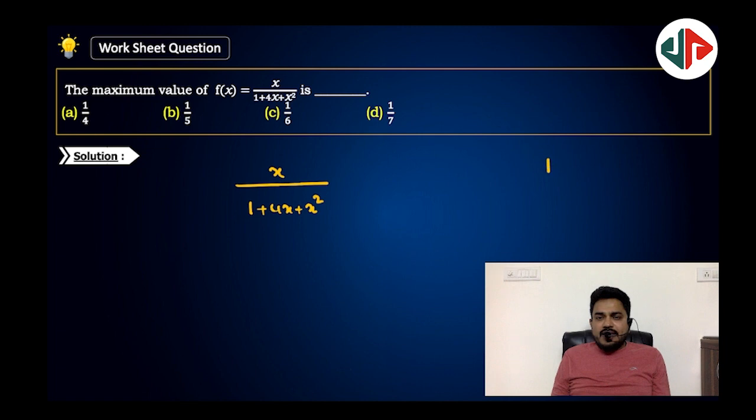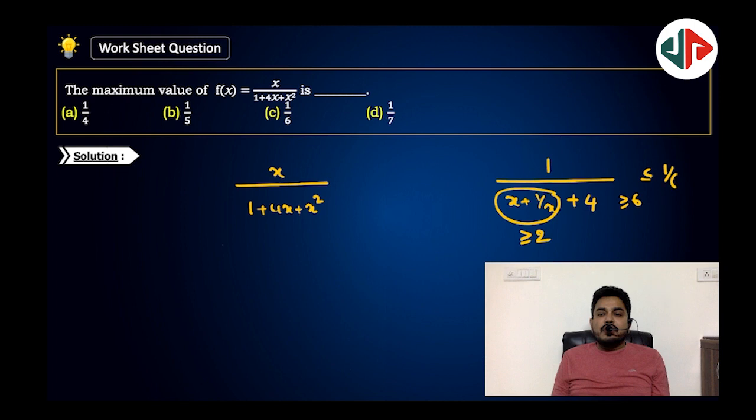So this can be written as x plus 1 by x plus 4. So x plus 1 by x is always greater than or equal to 2. So the denominator is always greater than or equal to 6. So the total value is less than or equal to 1 by 6.